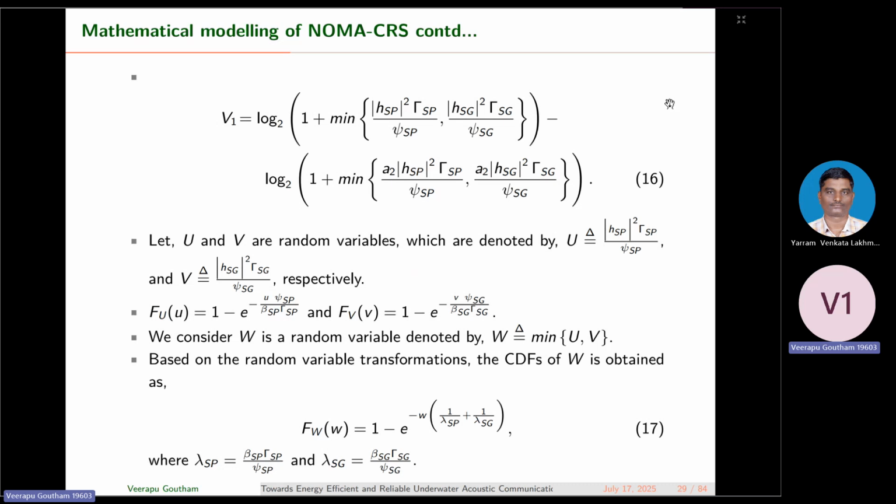It is very well known in wireless communications. That same thing we use, and we found the cumulative distributions, capital F_U and capital F_V. With that, we know V and U. Now W is nothing but the minimum of U comma V. When there is a minimum, then the probability distribution is like this. Equation number 17.